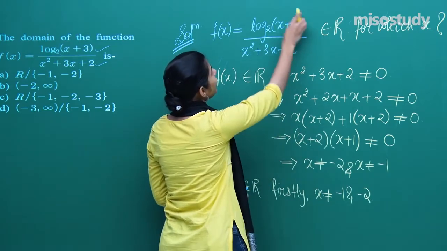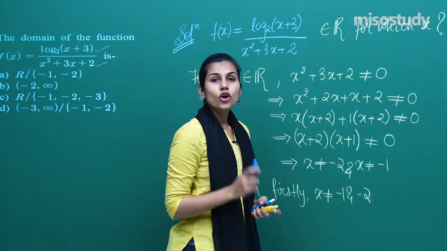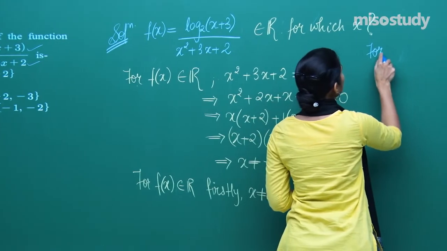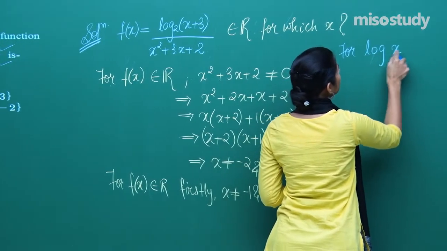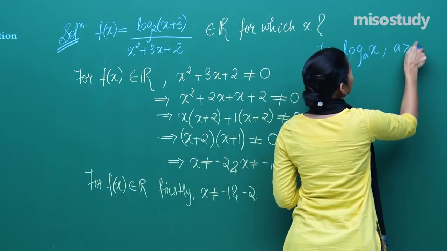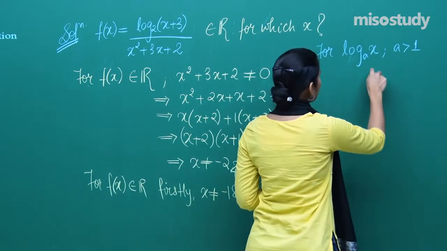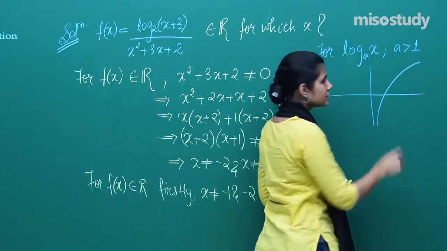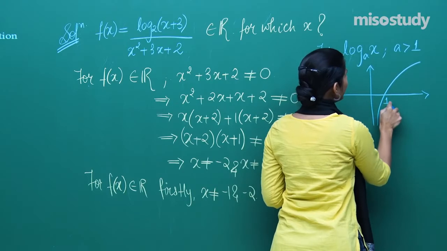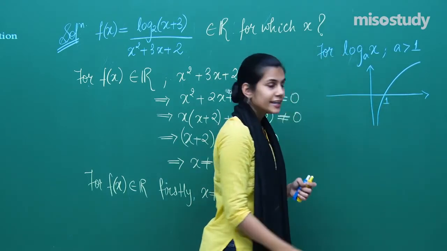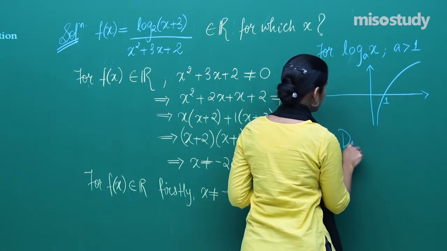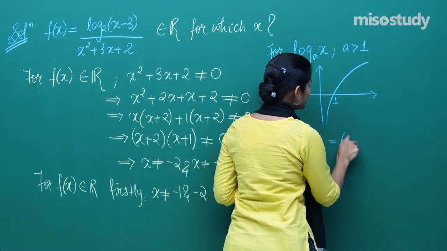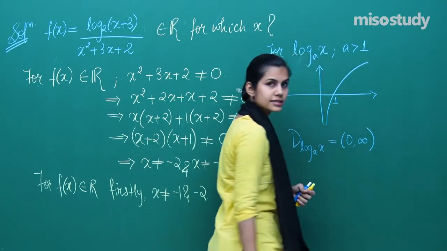Because if you look above carefully, I am given a log function with base 2, and if you remember, for log x to the base a greater than 1, the graph of log was like this. At 1, log was 0, and in fact, the domain of log x to the base a is always equal to this.